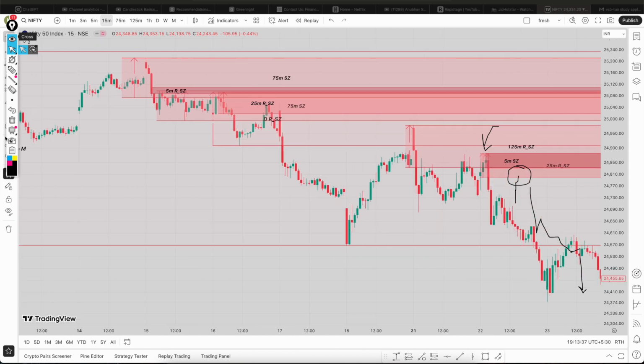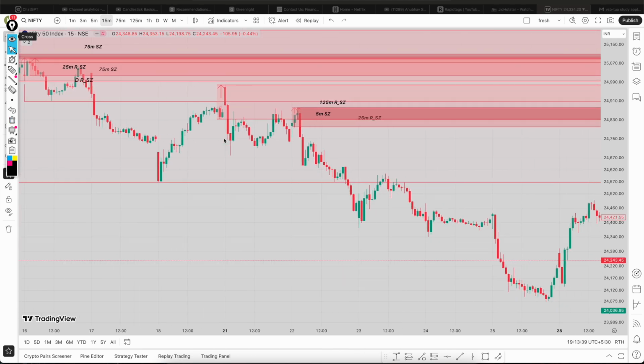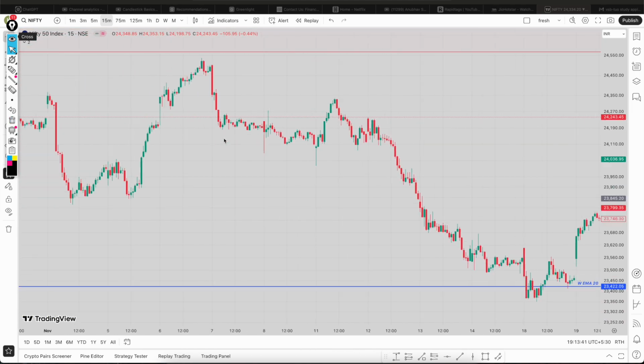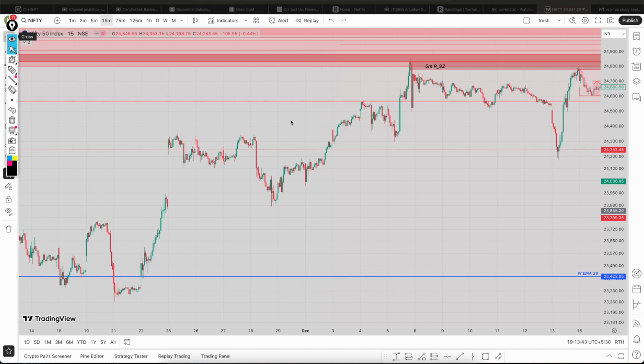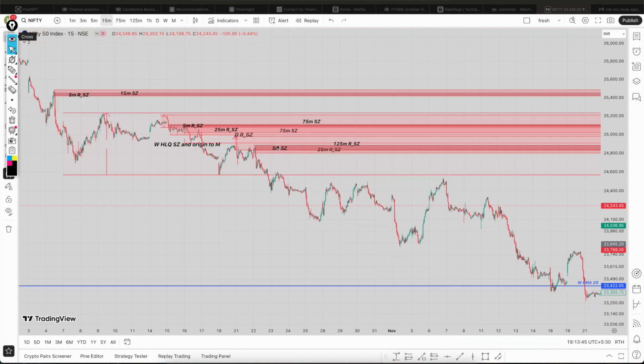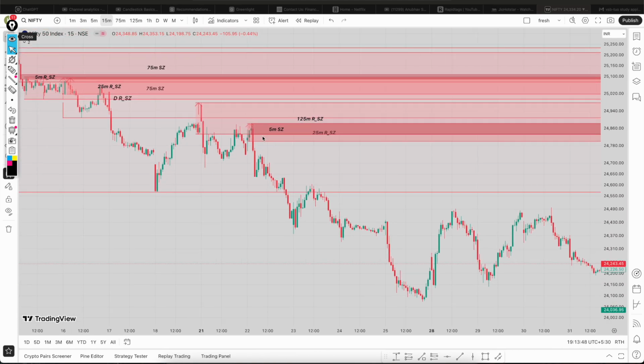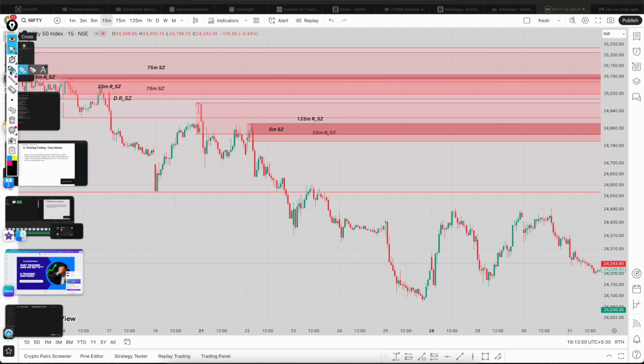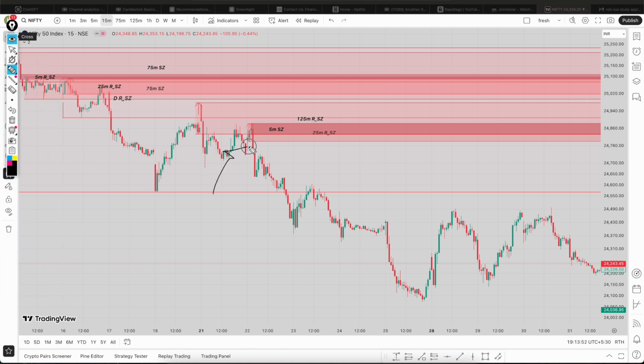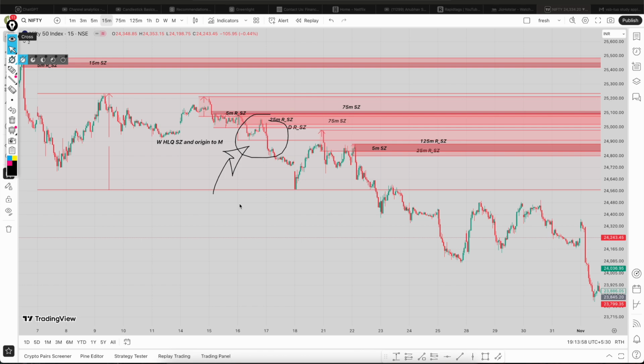Let me show you a few more examples. Let's go ahead in time and see what we really get. You see, this zone which we have marked, which we were just talking about, this particular zone. Now you see we have marked this zone.